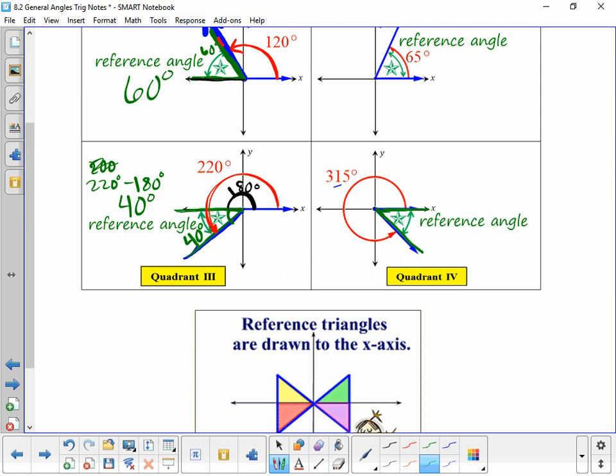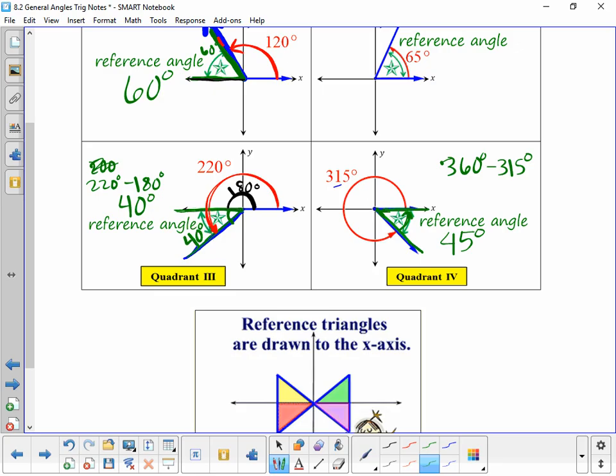Well, a full rotation would be 360. So a way to find the measure of this reference angle would be to think about how much more you need to rotate to get to 360 degrees. So you could think of it as the difference between 360 degrees and our 315 degree angle. So our reference angle for this particular angle is 45 degrees.